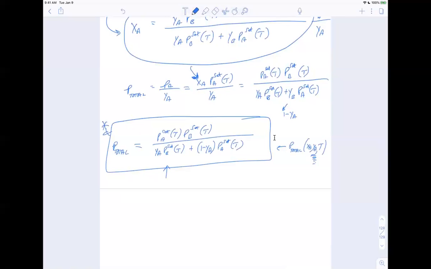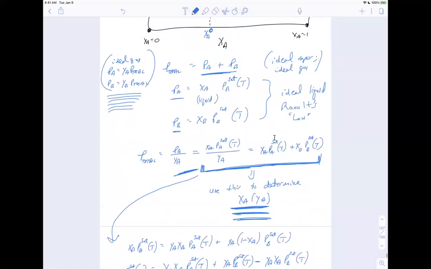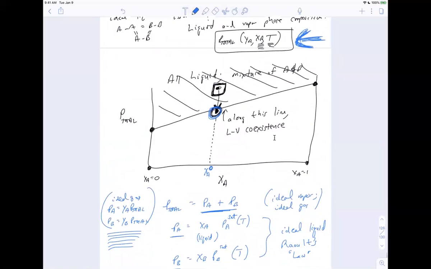So that 1 is going to multiply PA sat, and that PA sat will cancel the PA sat in the numerator, and all we're going to be left with is PB sat. So for YA equal to 0, P total is equal to PB sat at this temperature, and that's what we found last time. When Y sub A is 0, this has to be the vapor pressure of pure B, and that's what we get.